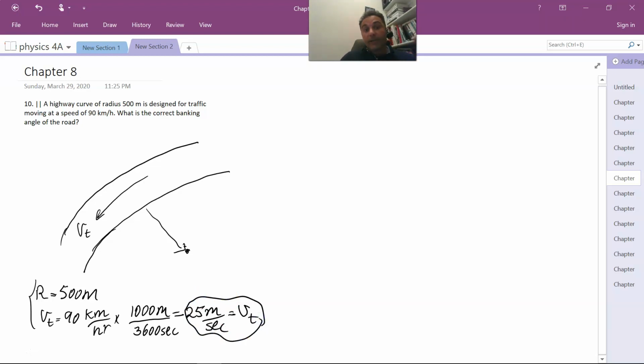What is the correct banking angle of the road? Here in this problem, do you remember in the lecture I went over two ifs?